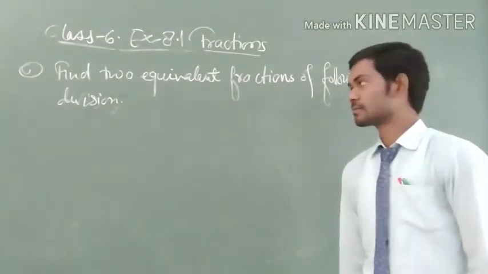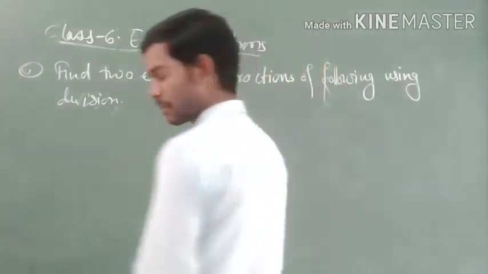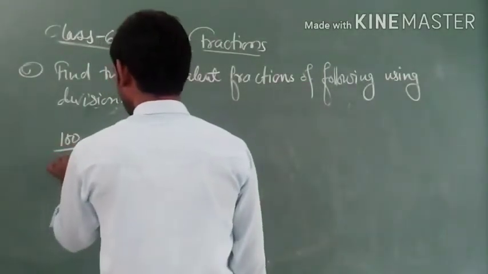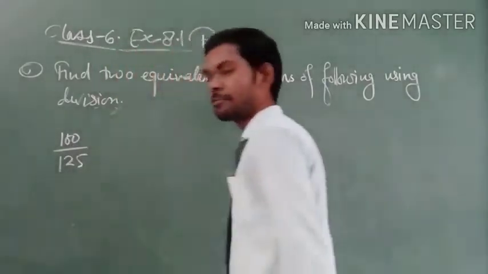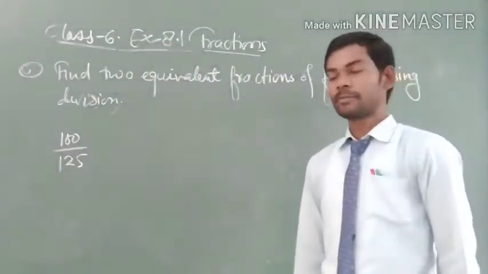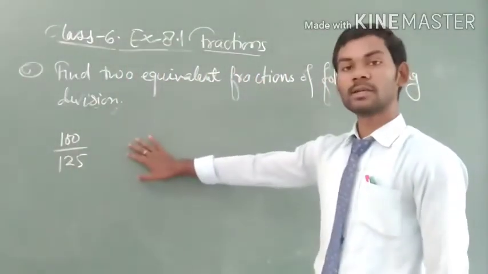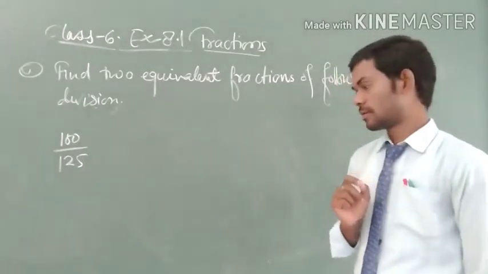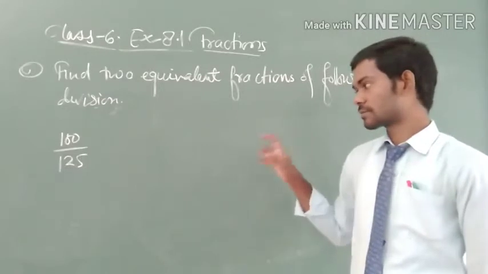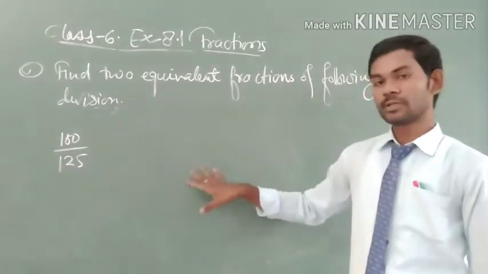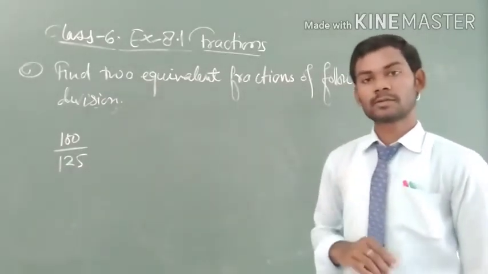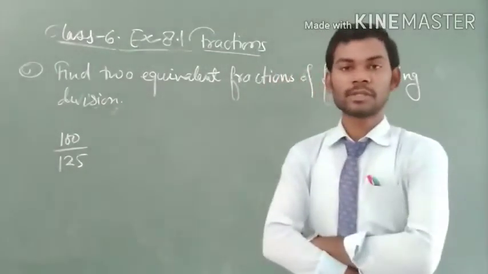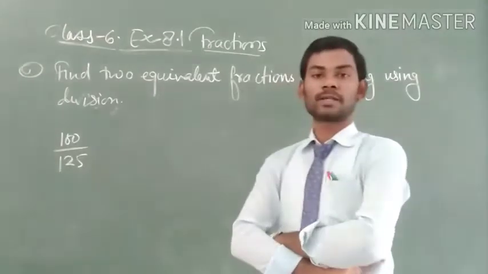So let's see, suppose a question is given: 100 upon 125. The first question is 100 upon 125, and we have to find two equivalent fractions of this fraction by division. In order to find the equivalent fraction using division, recall that with multiplication we multiply the numerator and denominator by the same number.